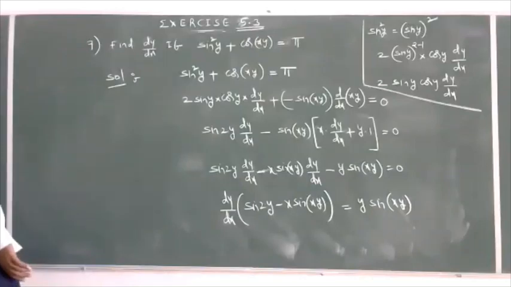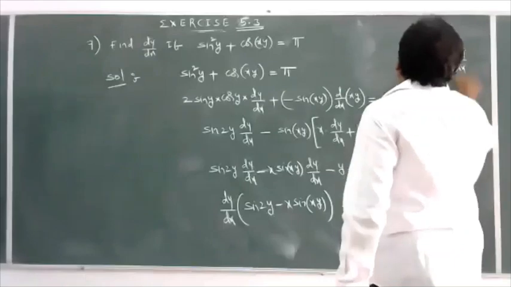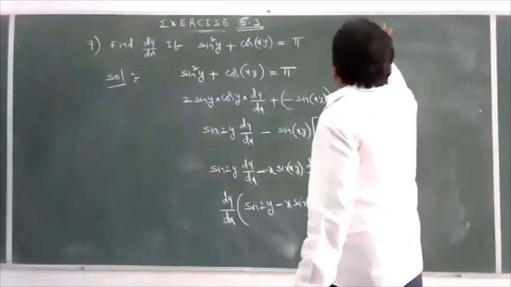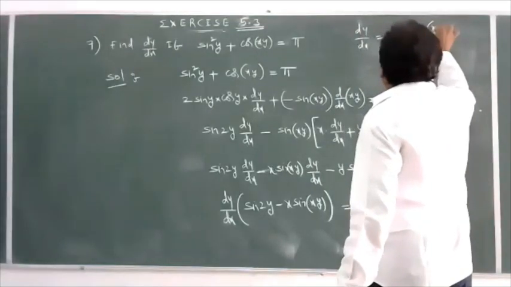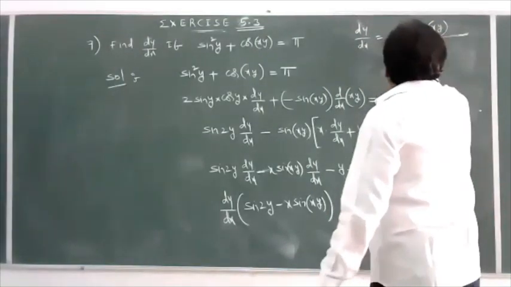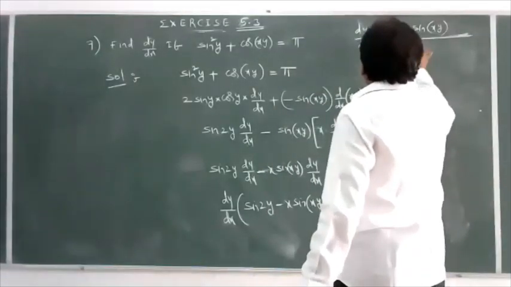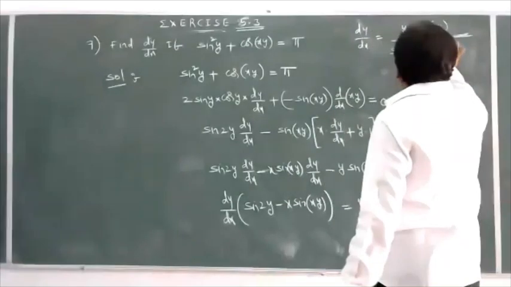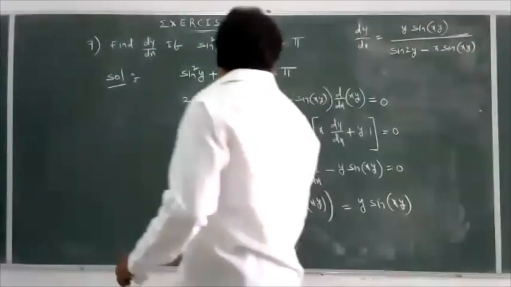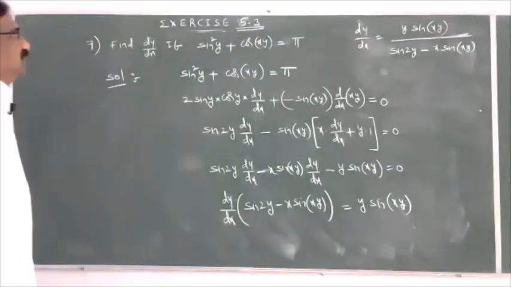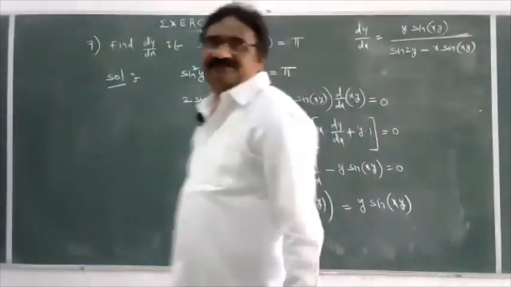Therefore, the final answer is dy by dx is equal to y into sin of xy by sin 2y minus x into sin of xy.